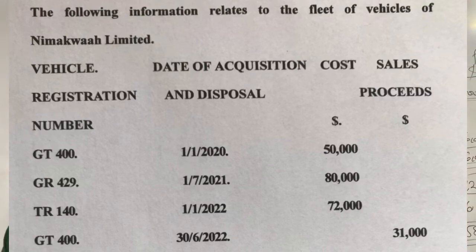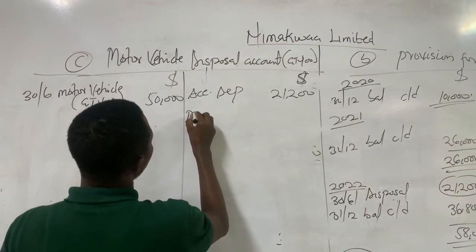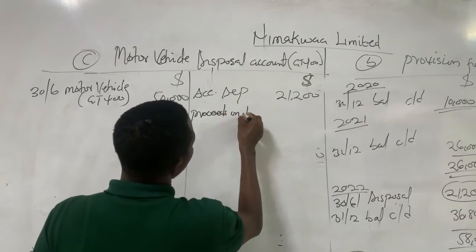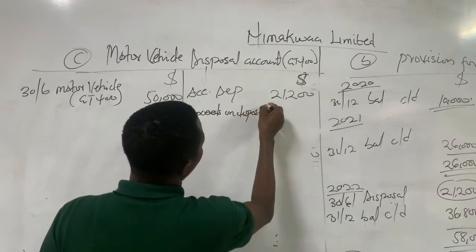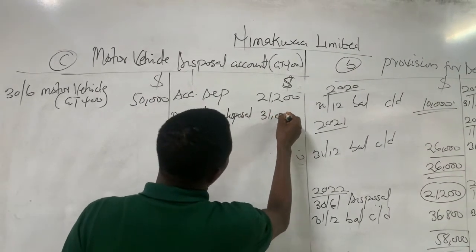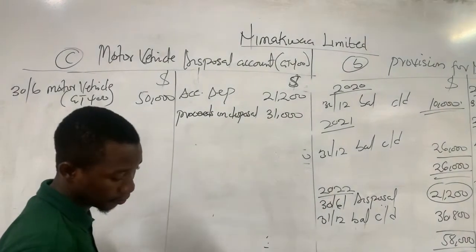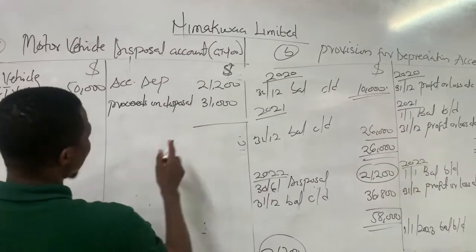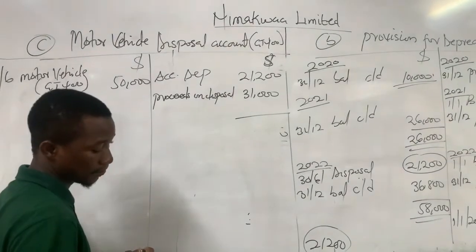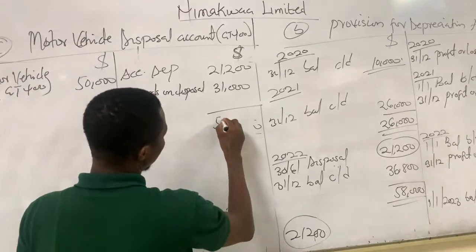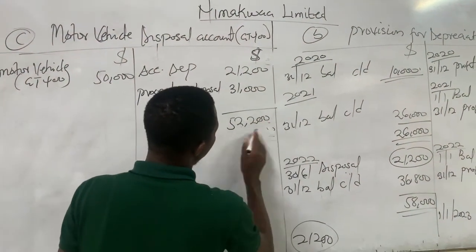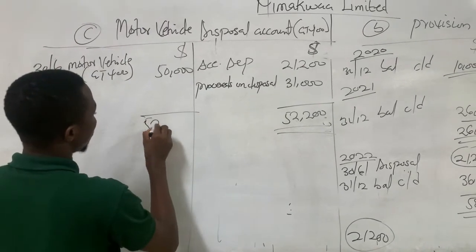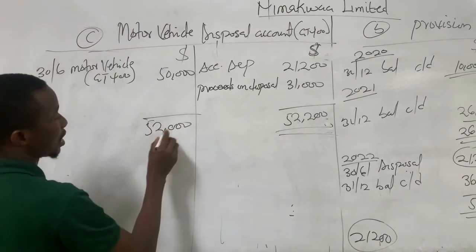So that is proceeds on disposal, and the amount is 31,000. Is that clear? So the total, the credit side is bigger, so the total will give us 52,200. The debit must also give us 52,200.